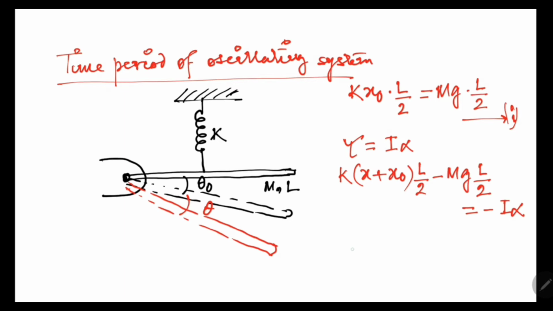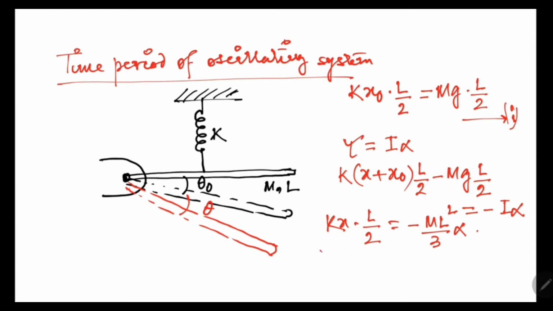Now from equation number 1, we can write that kx into L by 2 equals minus ml square by 3 into alpha, because the moment of inertia of the rod is ml square by 3.